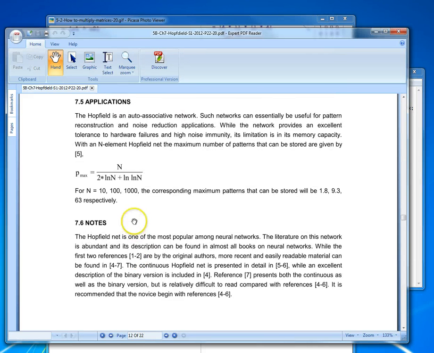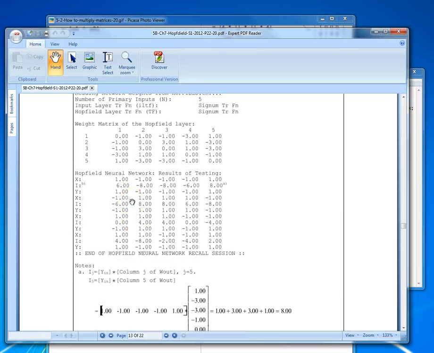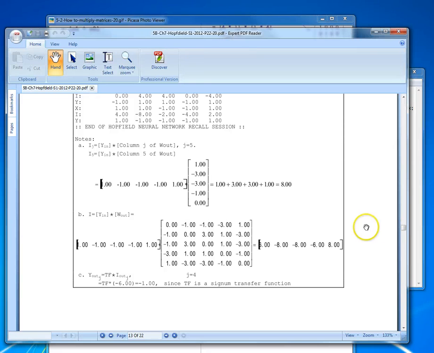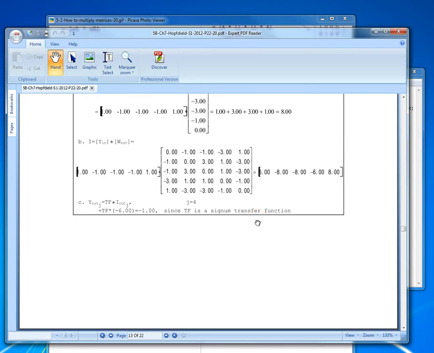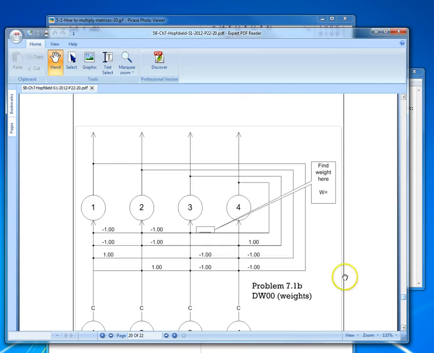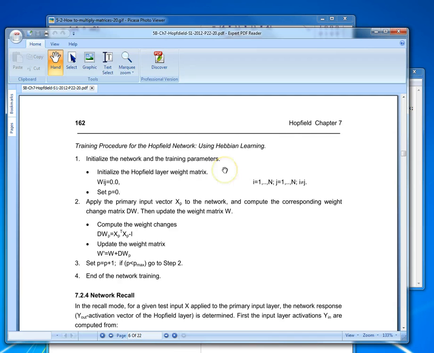So there is a limited number of patterns you can store. That's more or less it. It's a very simple network. Training is very simple, and inputs are simply binary input and binary output. That's more or less about the Hopfield network.